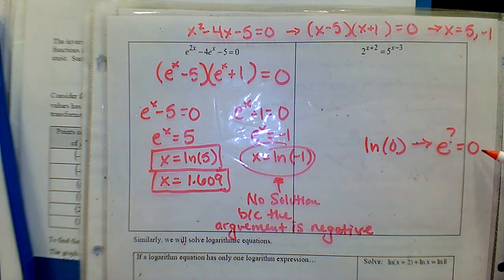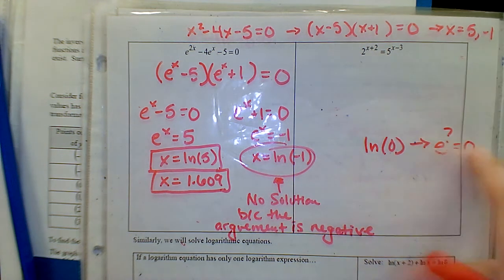E to the first is e. E to the 0 power is 1. E to the -2 is 1 over e squared, right? There's no way you're going to get an answer of 0.